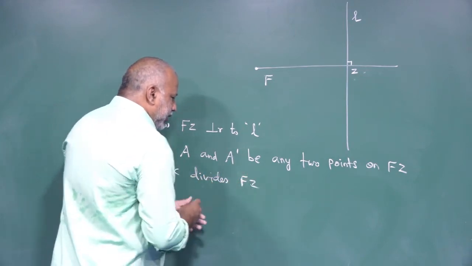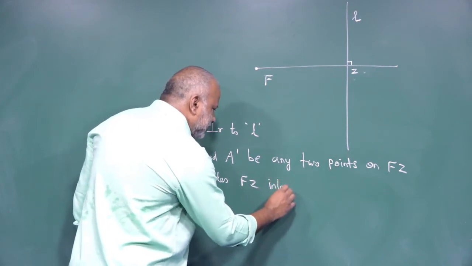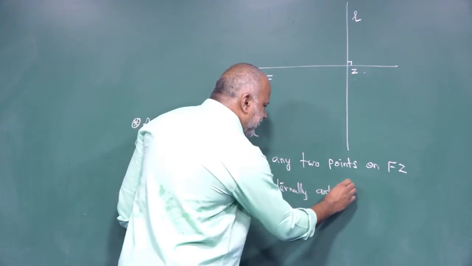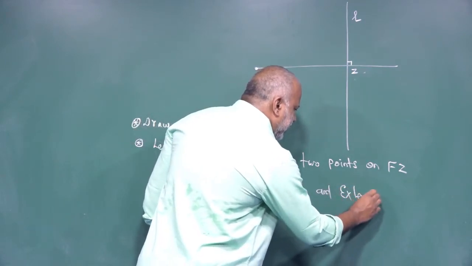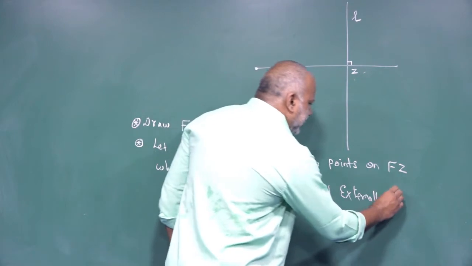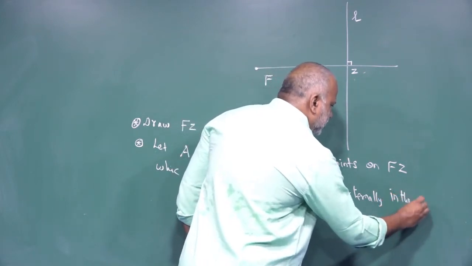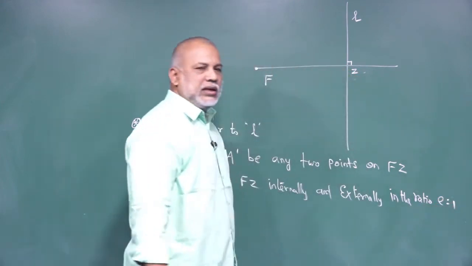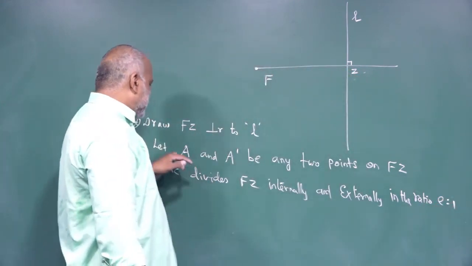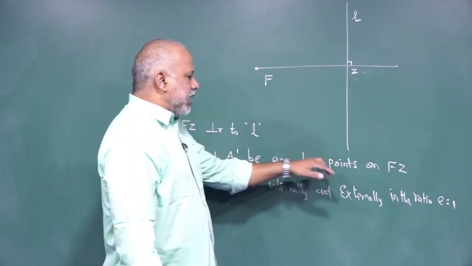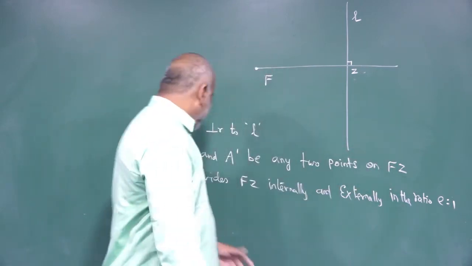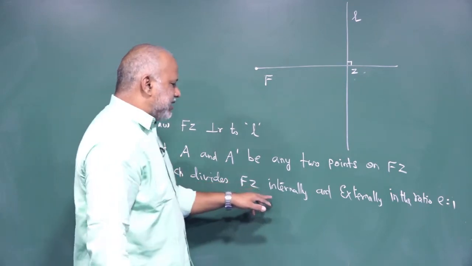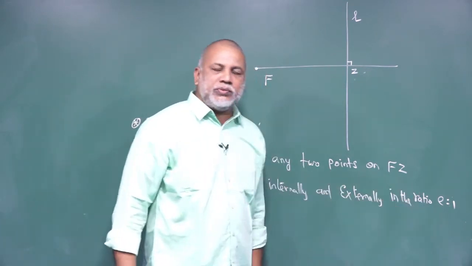FZ internally and externally in the ratio E is to 1. Once again, let A and A dash be any 2 points on FZ which divides FZ internally and externally in the ratio E is to 1.